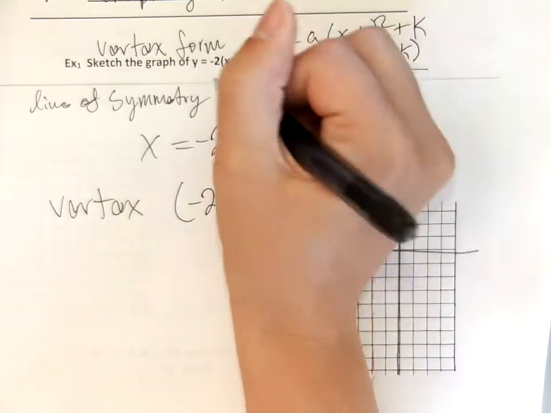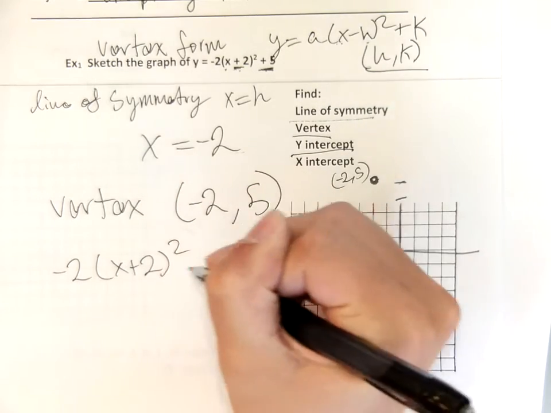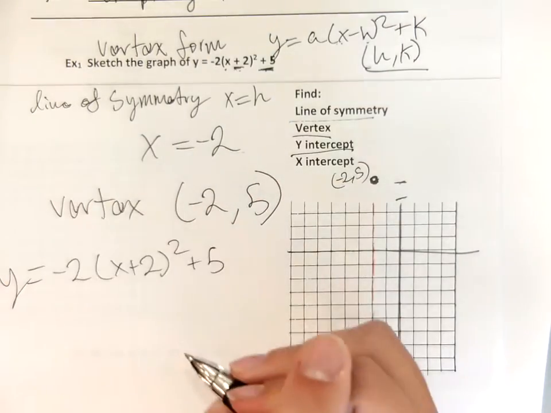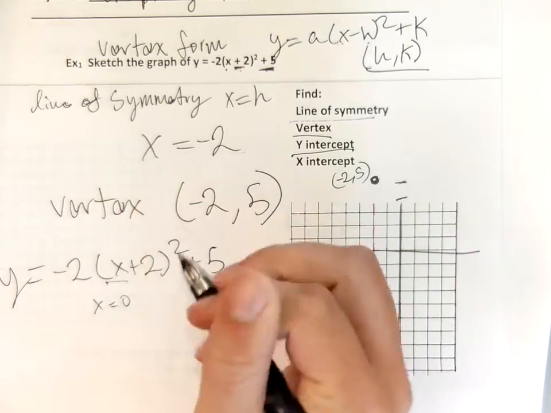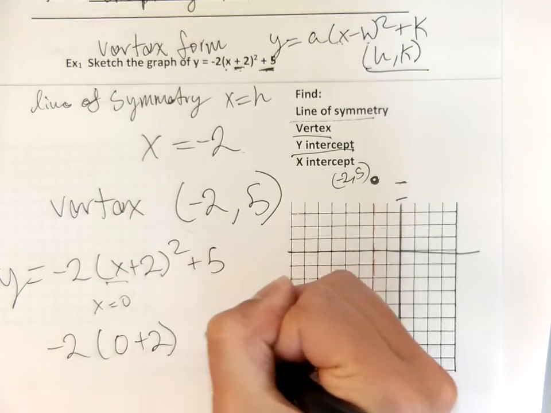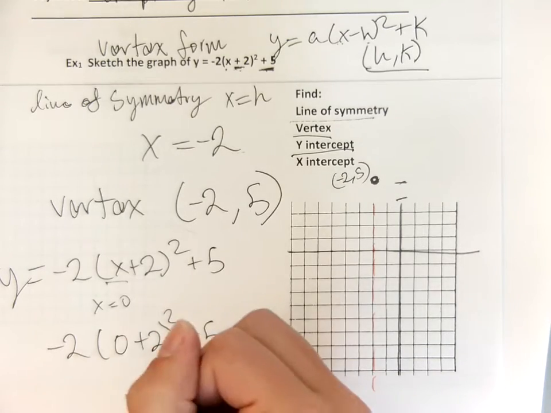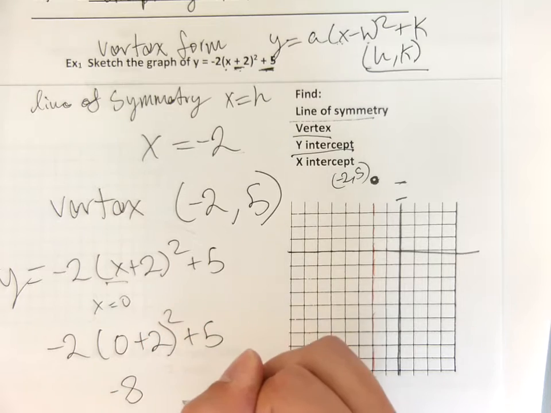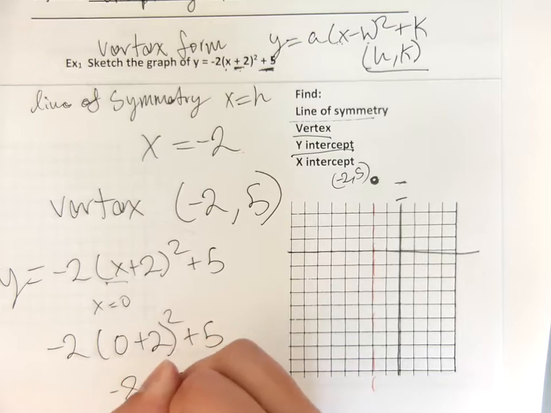So if we have our equation, negative 2 times (x plus 2) squared plus 5 equals y, and we plug in x equals 0, we have negative 2 times (0 plus 2) squared plus 5. 2 squared is 4. Negative 2 times 4 is negative 8. Plus 5 is negative 3. So y equals negative 3.